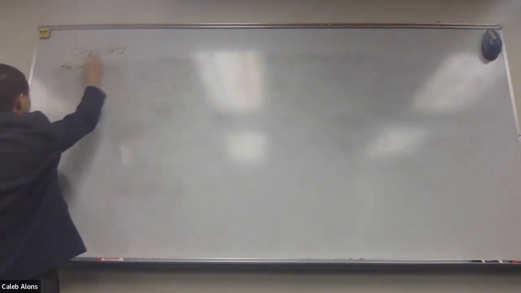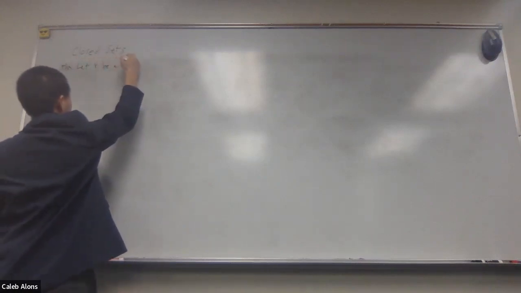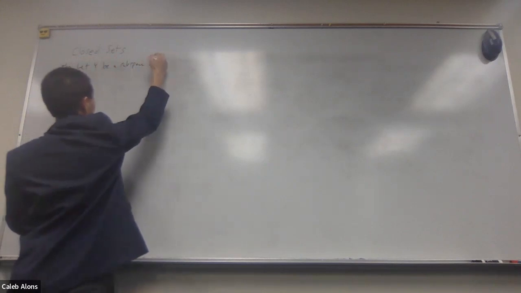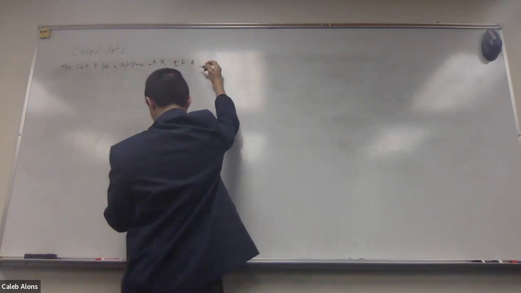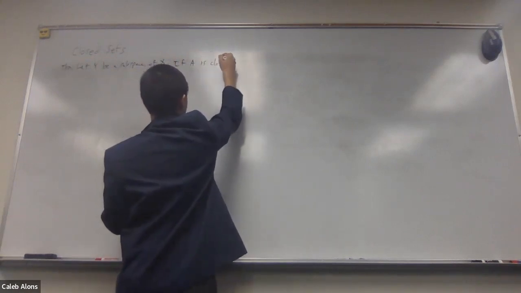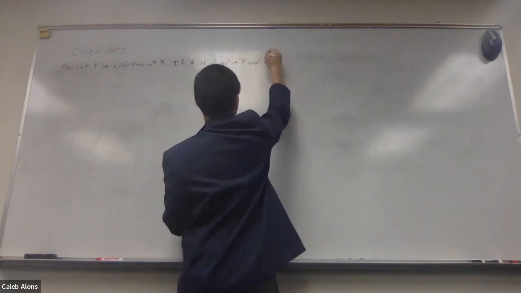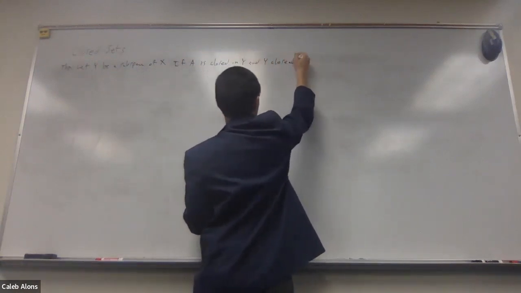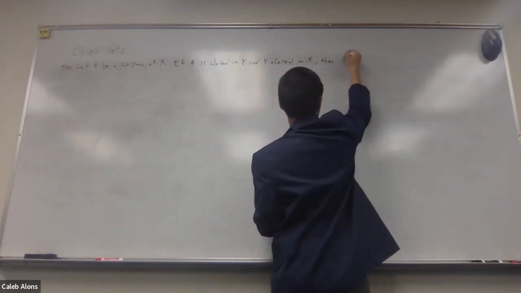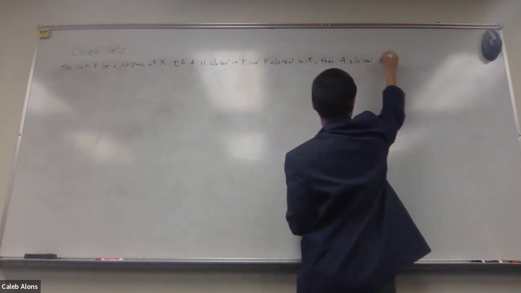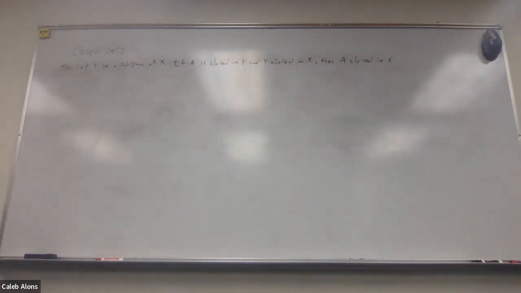So it says that in the special case, if Y is a subspace of X, and if A is closed in Y, and Y is closed in X, then A is closed in X. There was a parallel theorem to that with the open sets earlier.